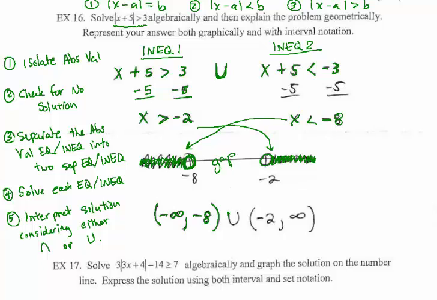We put our union symbol in between the two notations, and then we pick it back up with negative 2. We put a parentheses because negative 2 itself is not included, and then we shade all the way to the end of the number line out to the right arrow, and that represents positive infinity. And with positive infinity, we end our notation with a parentheses.